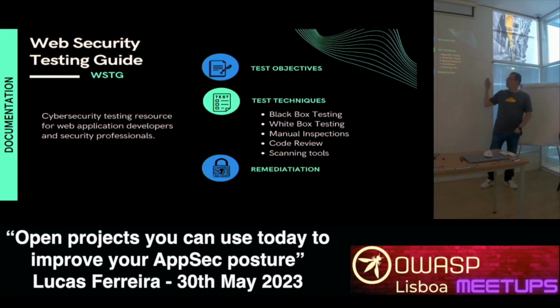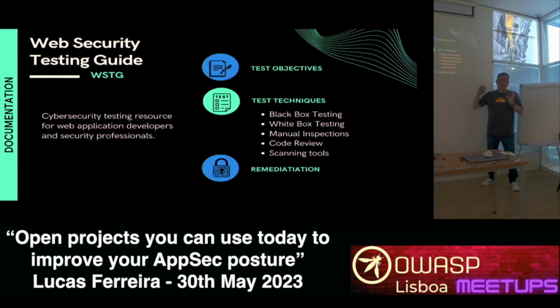And it's now version 4.1, I believe, so it has evolved over time, and it has a ton of information inside. It's very useful for people that are interested in pen testing web applications, or even people that want to protect web applications for certain classes of attacks.